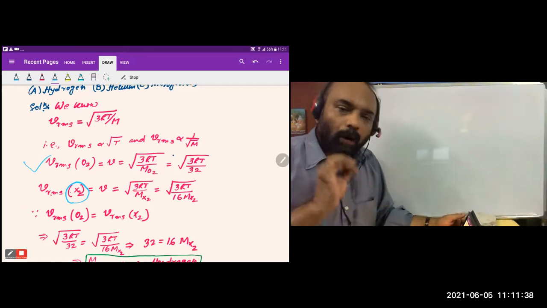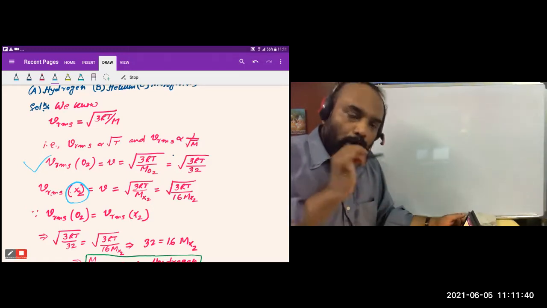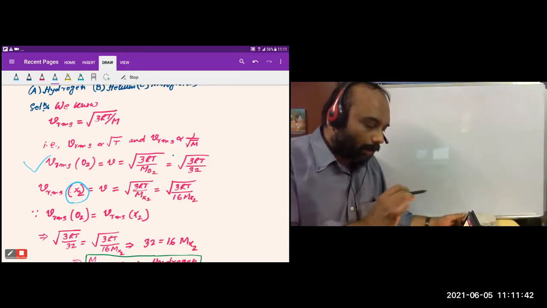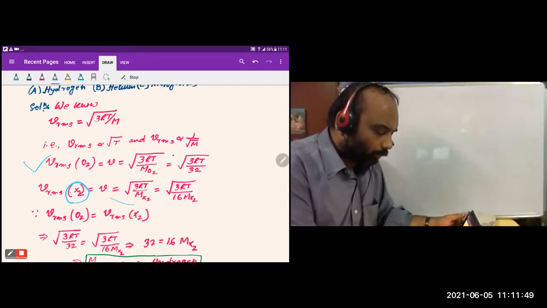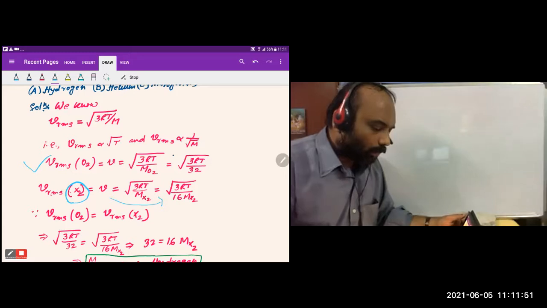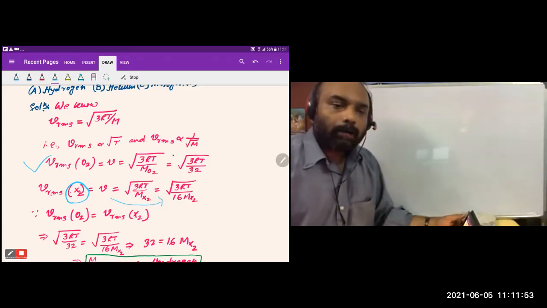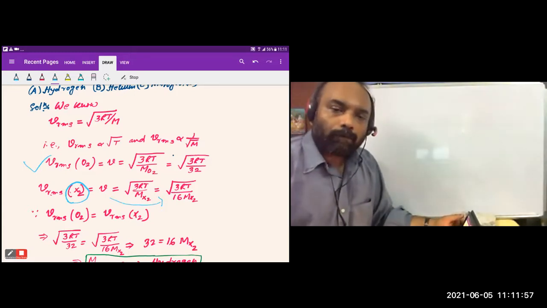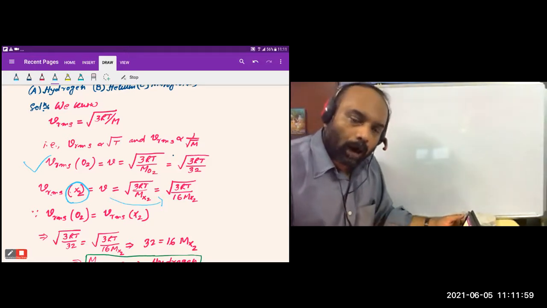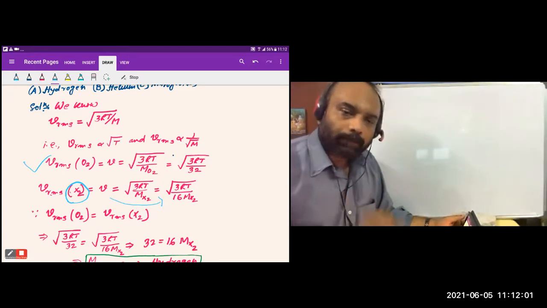So Vrms of X2 is also V, and the temperature is T by 16. So V is equal to under root 3RT by 16 times the mass of the unknown gas.